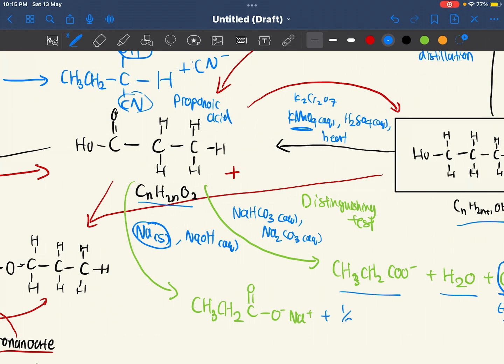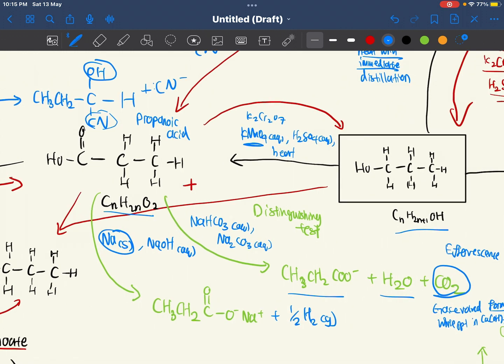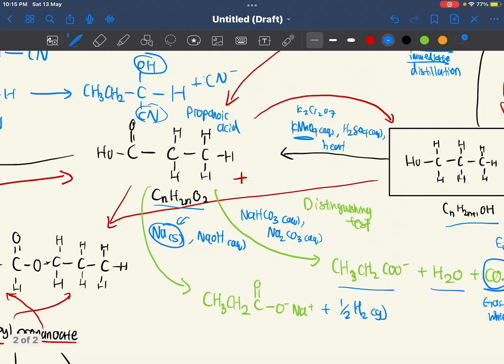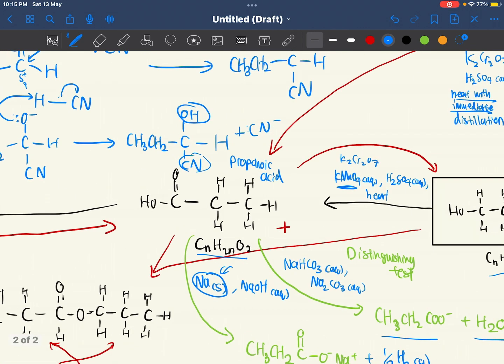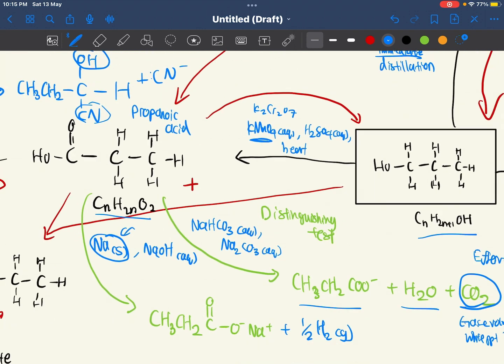Even though it produces hydrogen gas, which I forgot to mention earlier in alcohol, with effervescence observed and the gas extinguishing a lighted splint with a pop sound, we don't do that because in the laboratory using sodium metal isn't safe at all, as it is very, very reactive. So we try to avoid that. We don't use sodium metal as our distinguishing test. We just use carbonate instead.